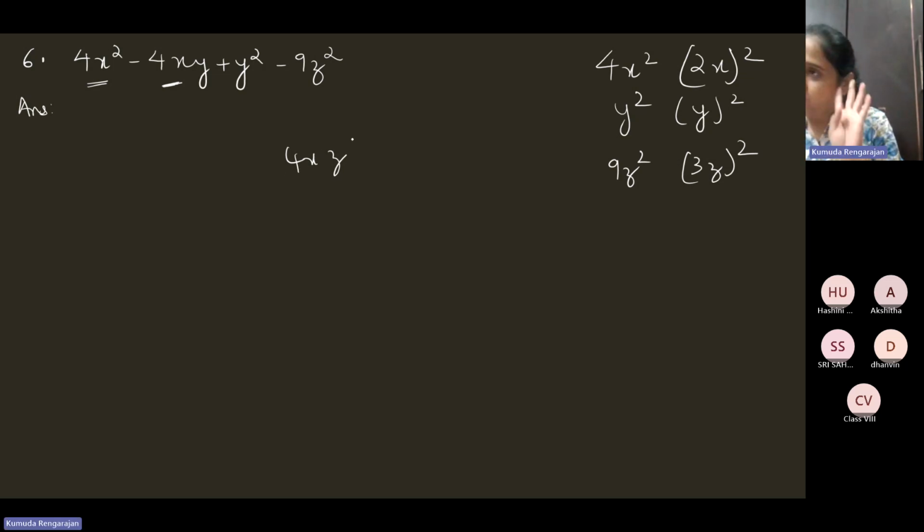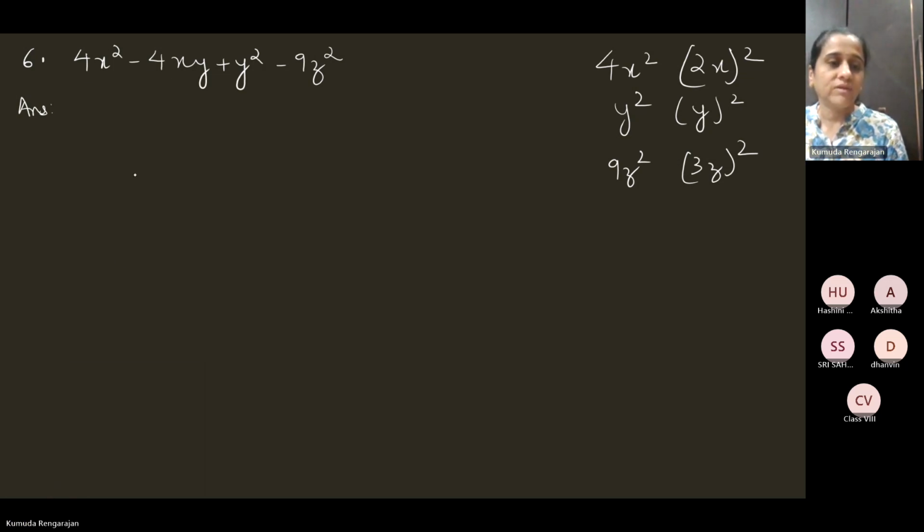This expression has 4 terms, 3 of which are perfect squares. Look at the variables in the 4th term, x and y. Because the variables are x and y, you'll have to take this with x squared and y squared.